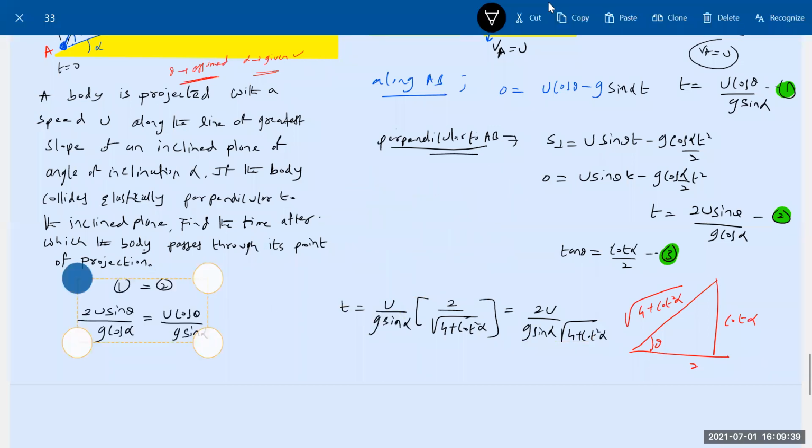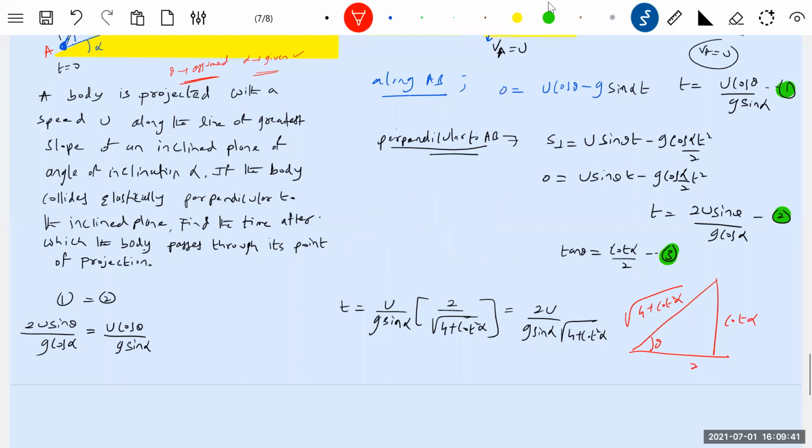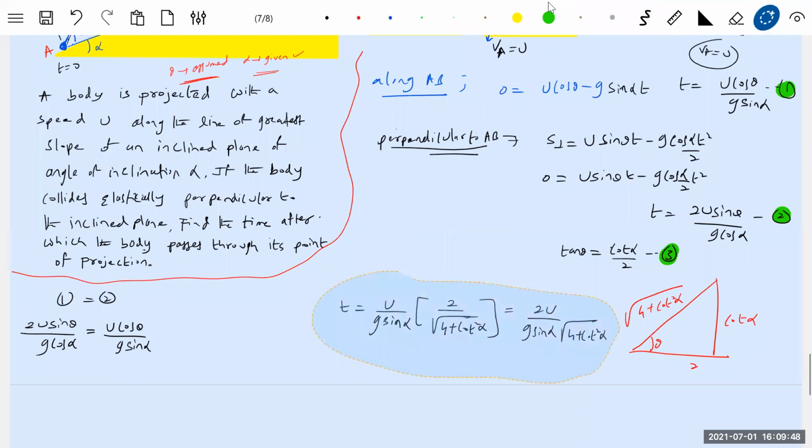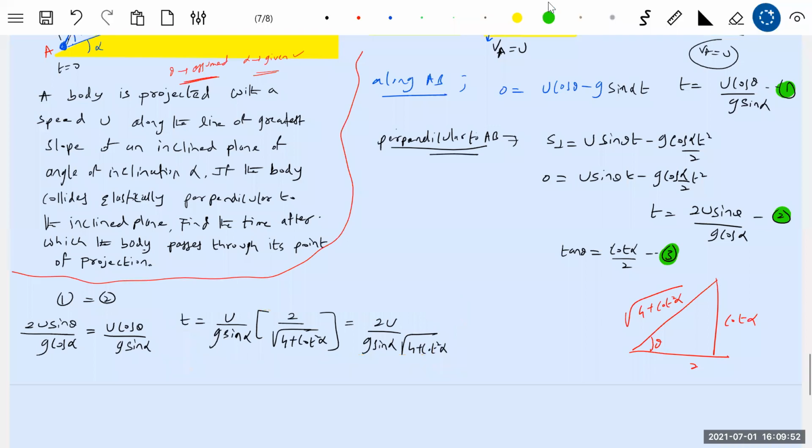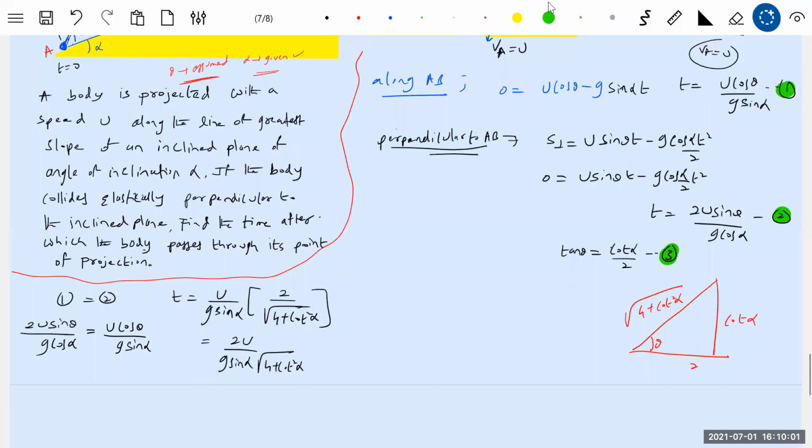Okay, we'll start from here. Such a small screen, I have to write so many things. Can we further simplify?